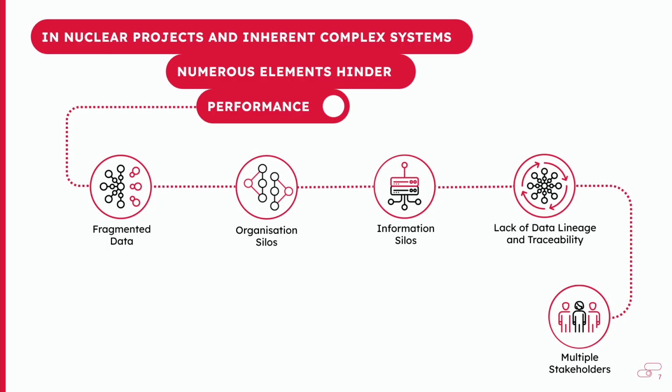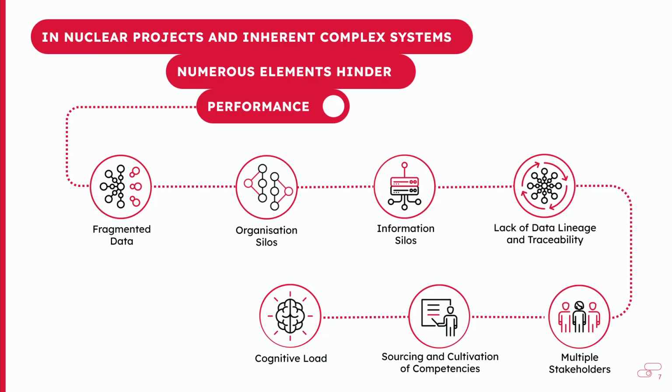A lot of stakeholders, as you know, in the industries, the question of sourcing, the question of cognitive load, we are going to talk about that also, and the insufficient use of simulation. We all see a lot of simulation systems for new nuclear, but when we are talking of operating fleet, that's another story.